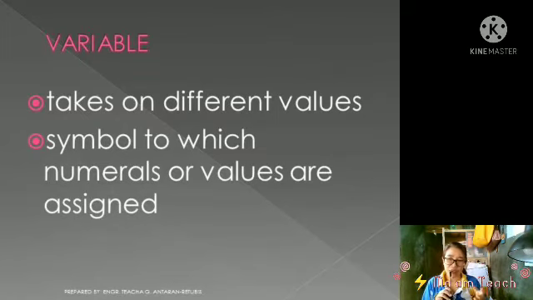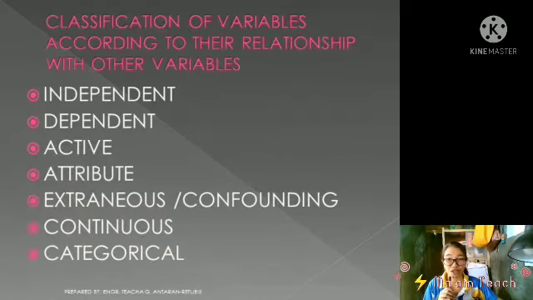Now, class, there are several ways on how we can classify variables. But the most important and useful way is to classify variables according to their relationship with other variables.